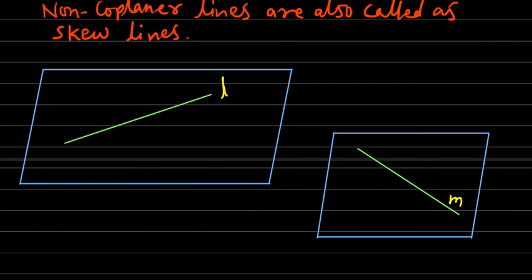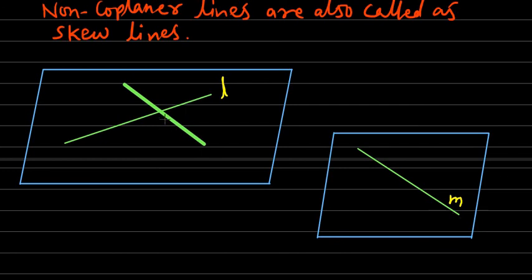Such a line will be as such, a line which is parallel to the line M, drawn such that it intersects the line L.